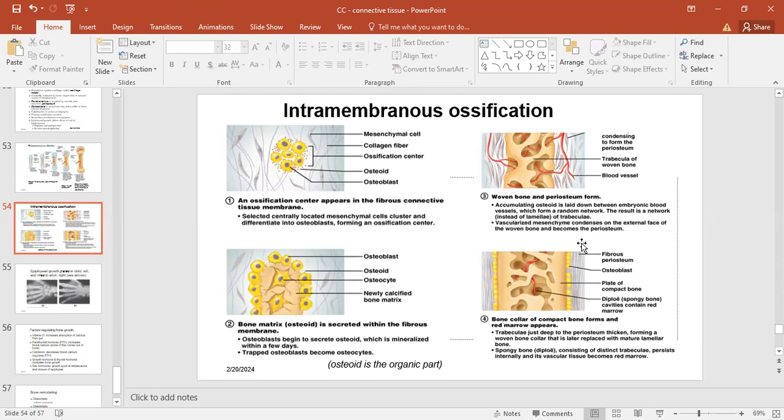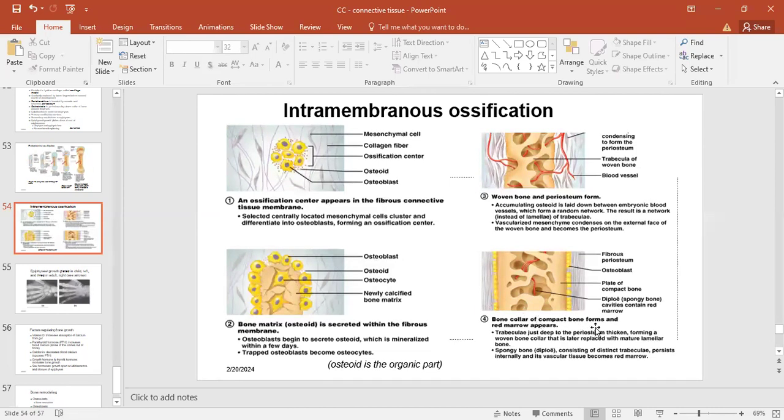There's vascularization. Vascularized mesenchyme condenses on the external surface of the woven bone and becomes the periosteum. Like I was saying, these small cells around here condense around this bone and become periosteum.